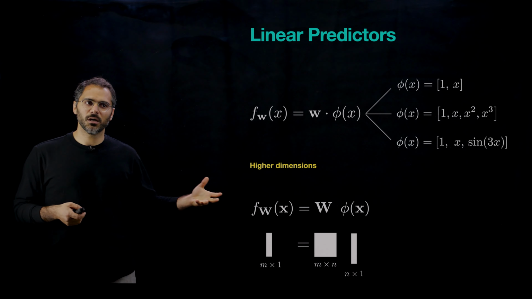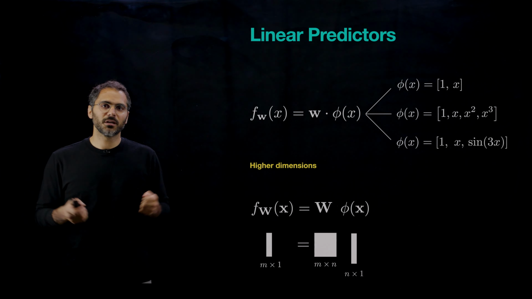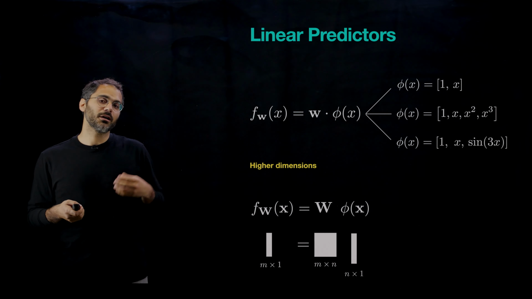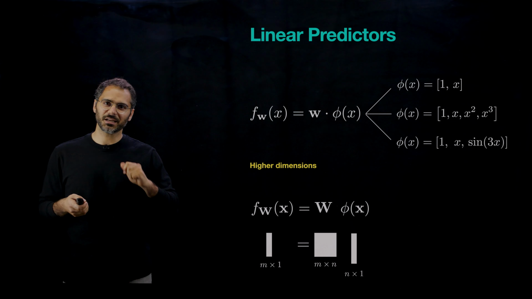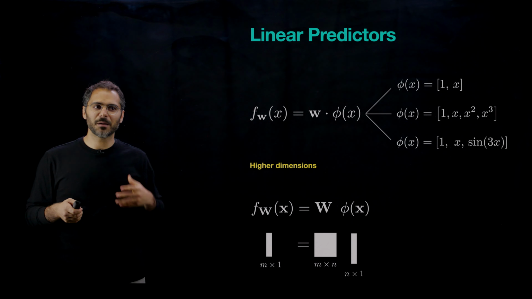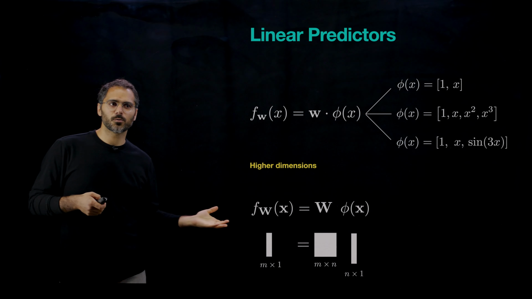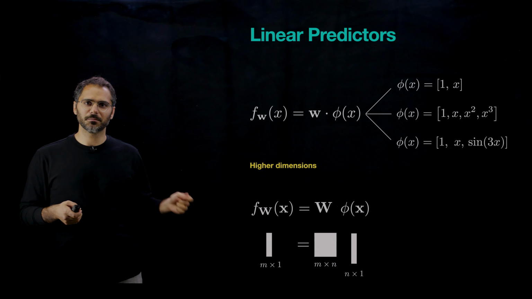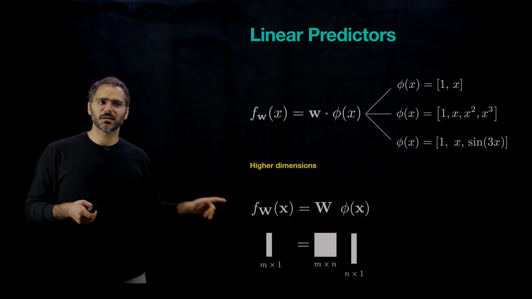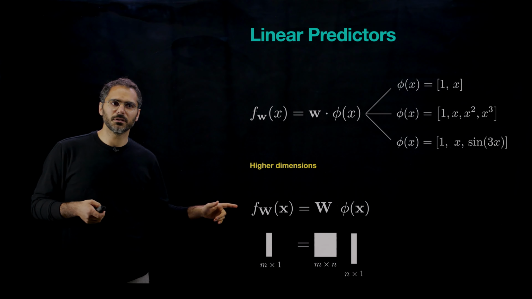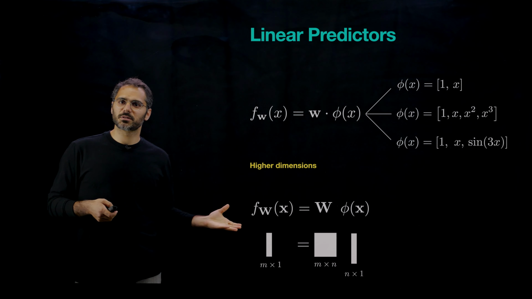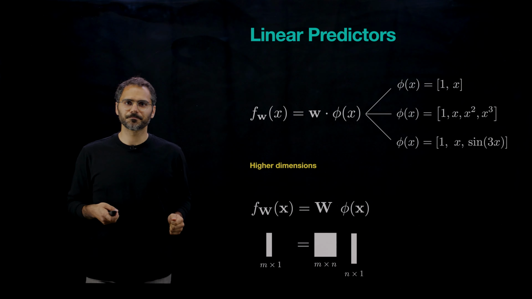Now phi takes x, which is any dimension, and maps it to n dimensions. And now W will be m by n and multiplies phi(x), which is n by 1, which makes now our prediction m by 1. So it becomes a matrix multiplication problem.